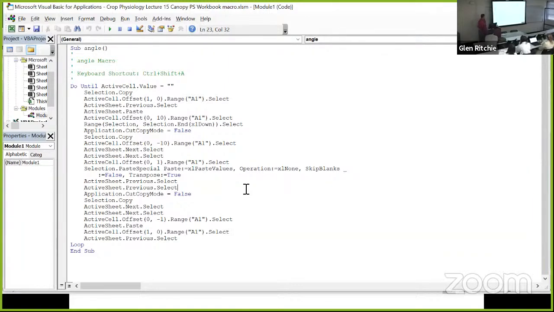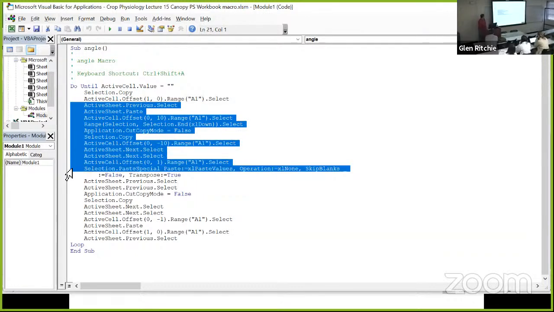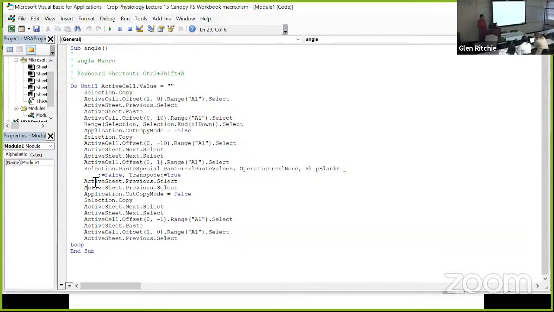But all it's doing here is it's saying, all right, copy a leaf area index, which I had, paste it into this spreadsheet that I just had, and then grab all the angle values for canopy net photosynthesis, copy them, transpose, paste them into a new sheet, and then let's pop in another leaf area index and try the same thing again.